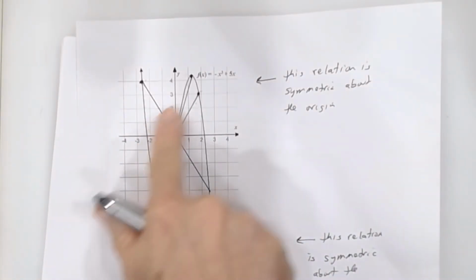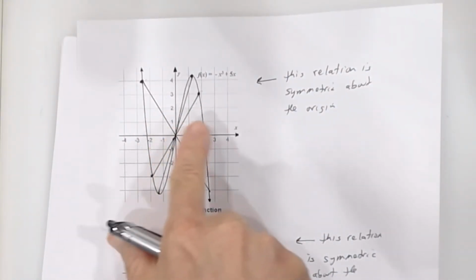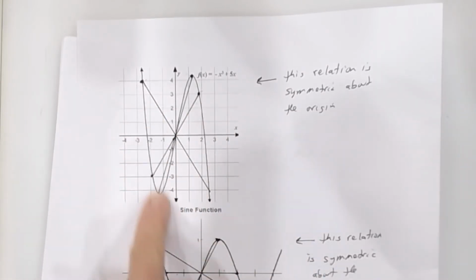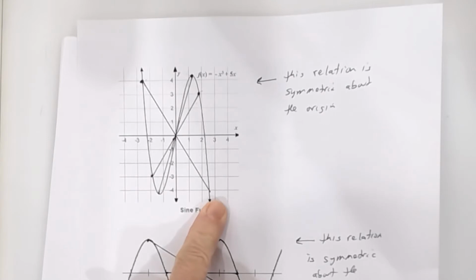So if you look at the next one right here, and you can't see it anymore because I wrote all over it, we saw that this had symmetry about the origin. So this would be considered what kind of function? Odd. Now look at the variables.